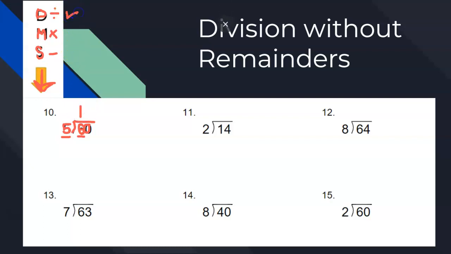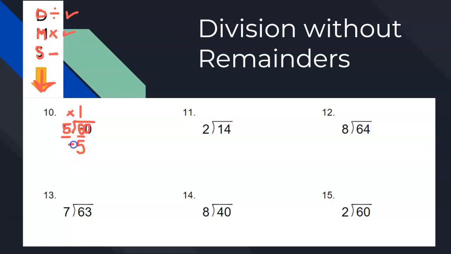Check. We just divided. Now we need to multiply. What are we multiplying? 1 times 5. Bring that number below the 6.